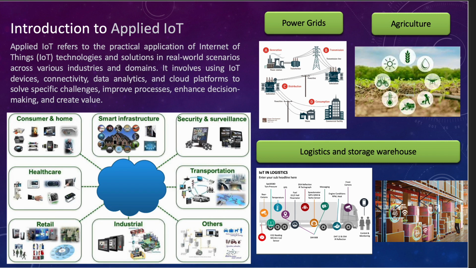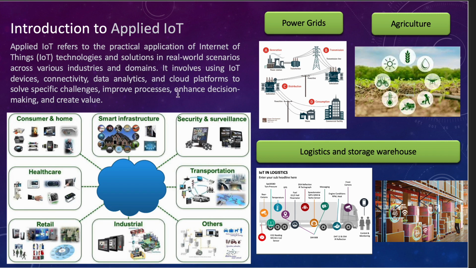Coming back to the definition of applied IoT, it involves using IoT devices, connectivity, data analytics, and cloud platforms to solve specific challenges, improve processes, enhance decision making, and create value.